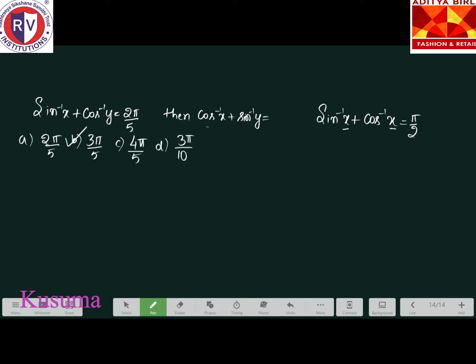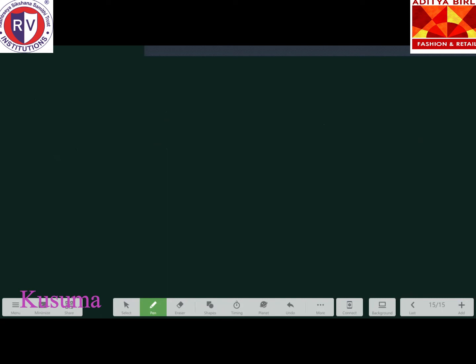Look at the next question. The value of the expression tan of 1 by 2 cos inverse 2 by root 5 is, you have to find the value of tan of 1 by 2 cos inverse 2 by root 5.